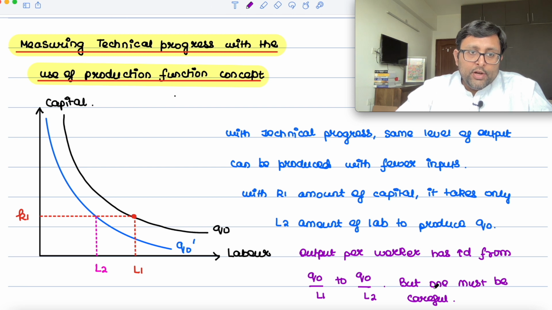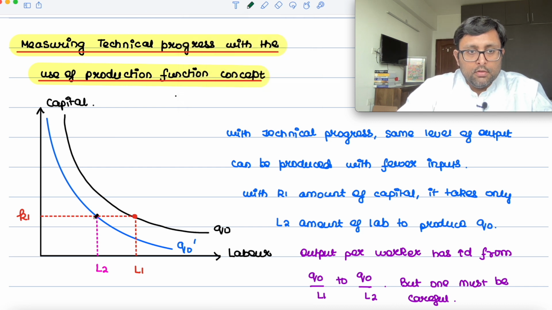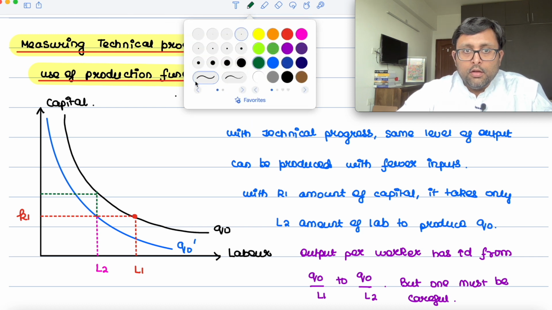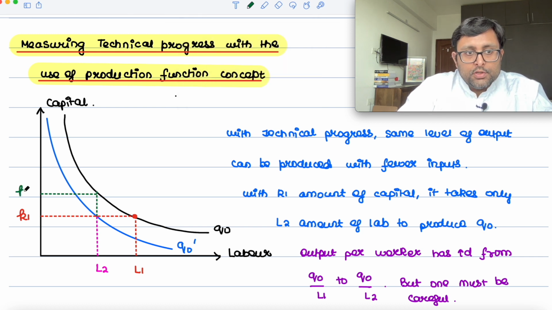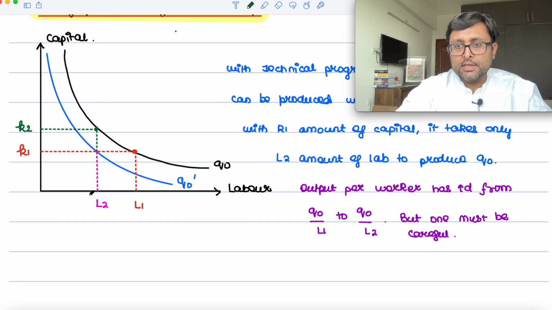If you would have used a little higher amount of capital here with a lesser amount of labor, then also output would have remained same.